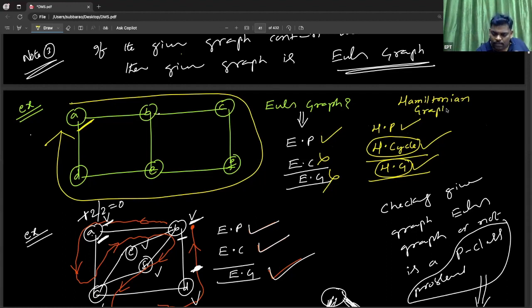Just check whether there is a Hamiltonian path or not, a Hamiltonian cycle or not. If yes, then the given graph is a Hamiltonian graph. In the Hamiltonian cycle, every vertex will be visited exactly once, and the starting vertex is equal to the ending vertex. Otherwise, how is a cycle possible?